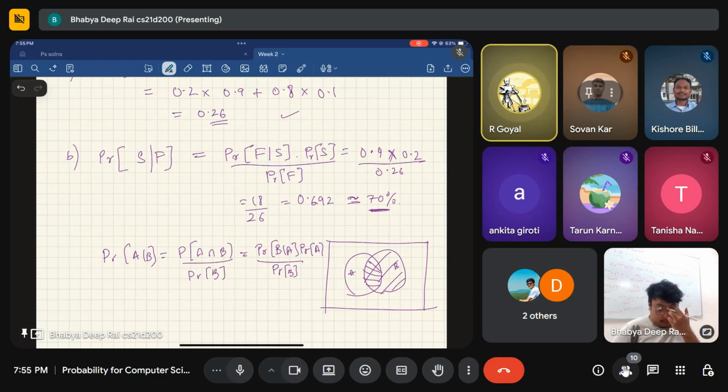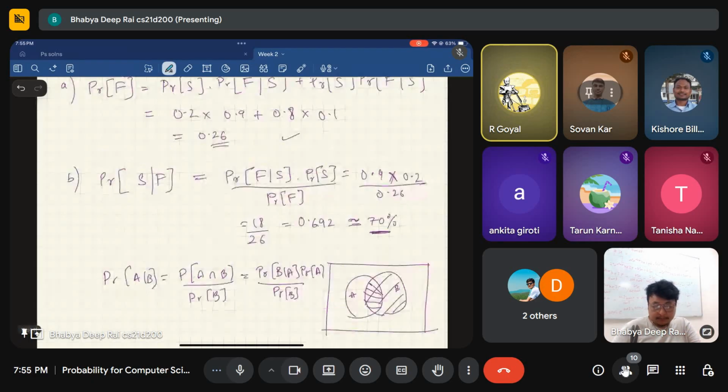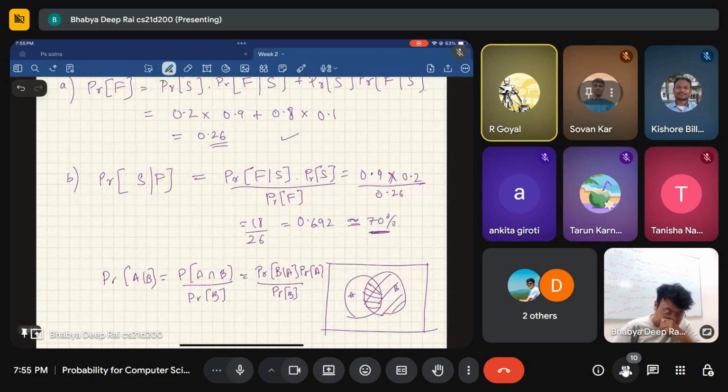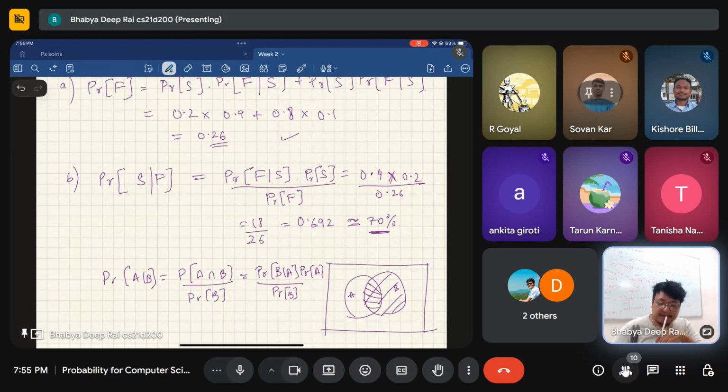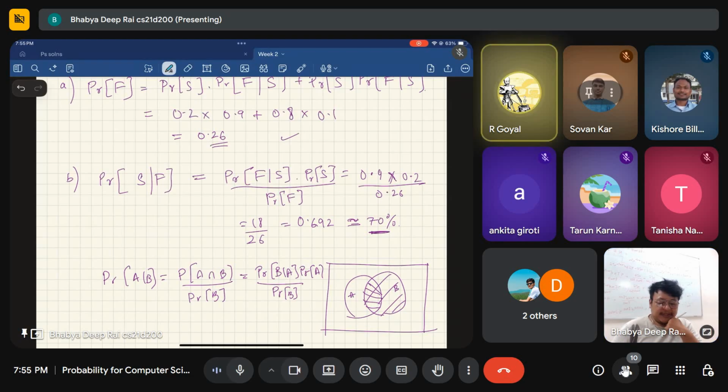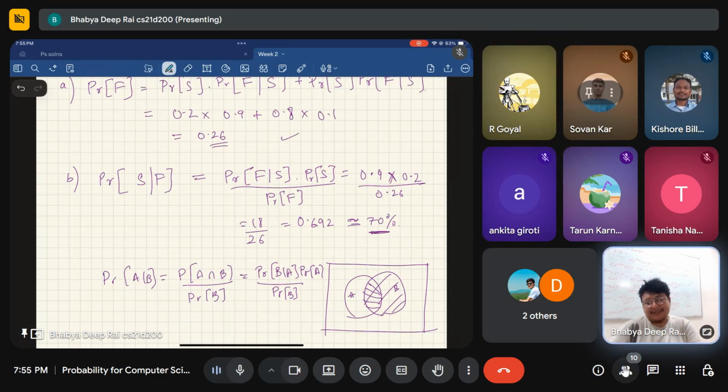A is my prediction and B is my data. A is your prediction and B is your data. No, I think it's the other way around. B is my data point. Wait, here you are saying given flag, it is spam.